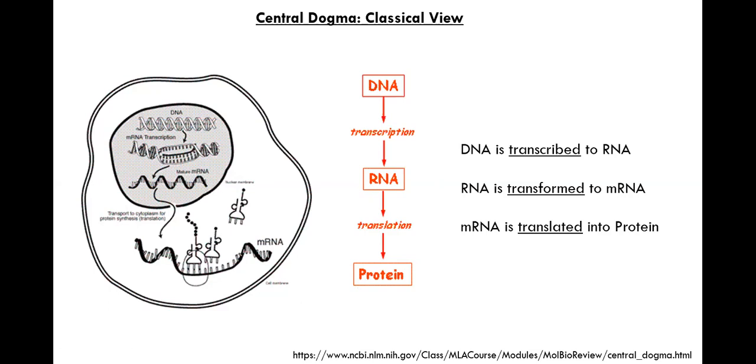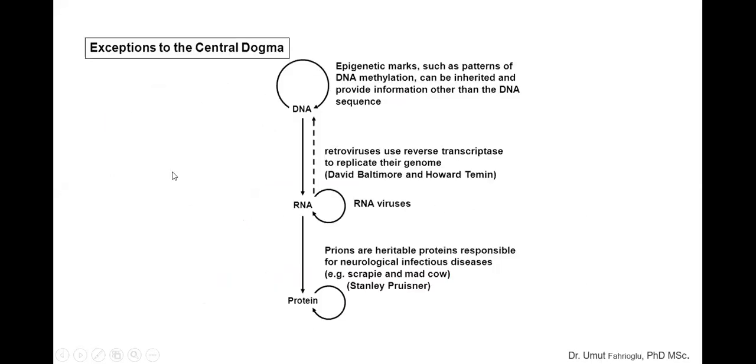So that's been already discussed. So in simple terms, in this slide, DNA is transcribed into RNA, RNA is processed to mRNA from pre-mRNA, then mRNA is translated into proteins. So the exceptions that I discussed in the slide are discussed here again in a representation.